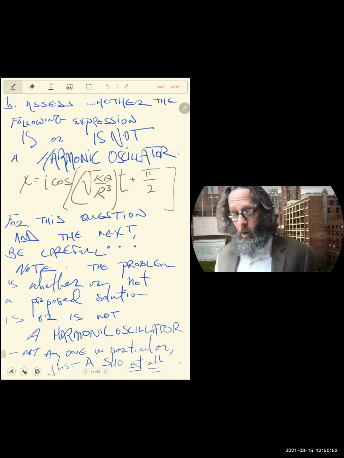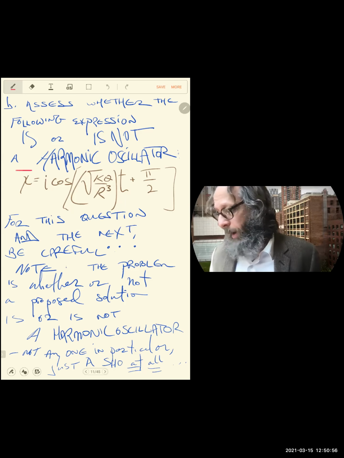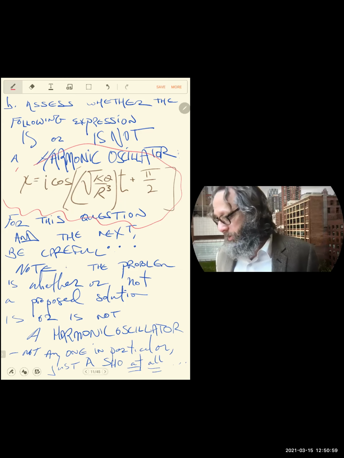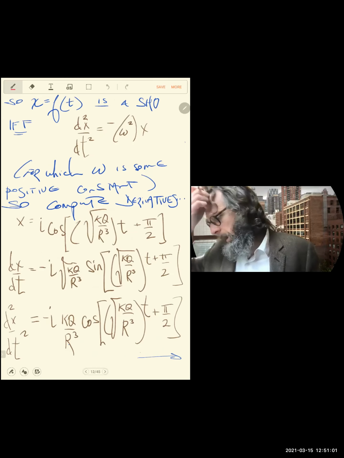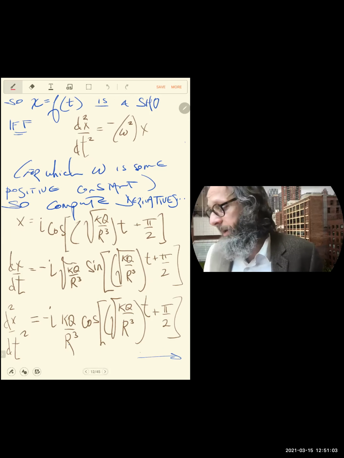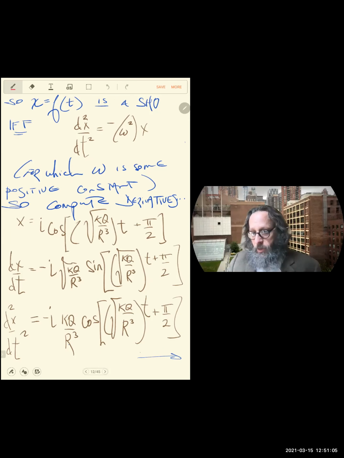Like before, I'm going to take two derivatives and see what happens. Here in brown is the expression that I'm testing. It is a harmonic oscillator if upon taking two derivatives, I get back itself times a positive constant times a negative sign, which is really a way of saying times a net negative. If it does that, then it is a harmonic oscillator.